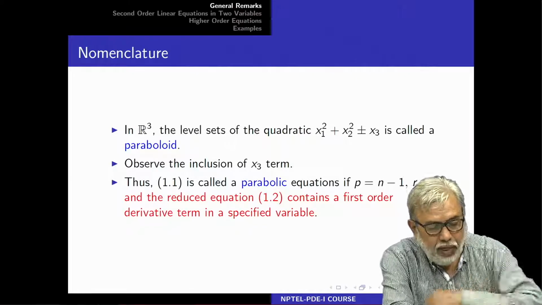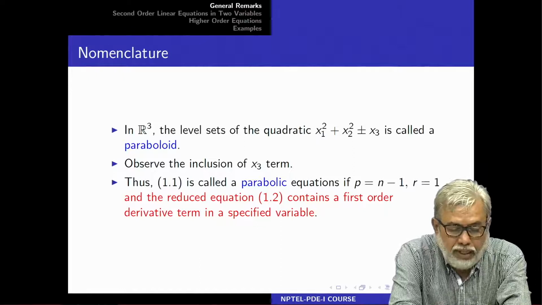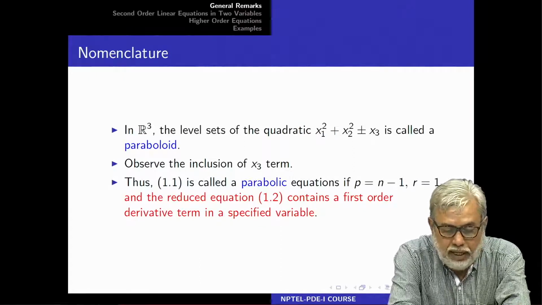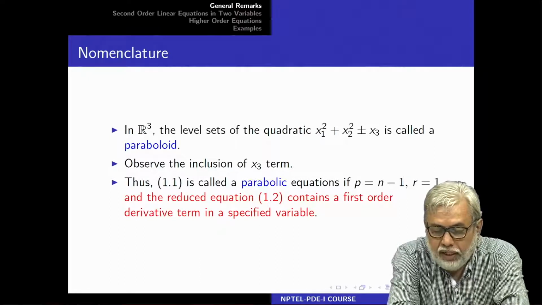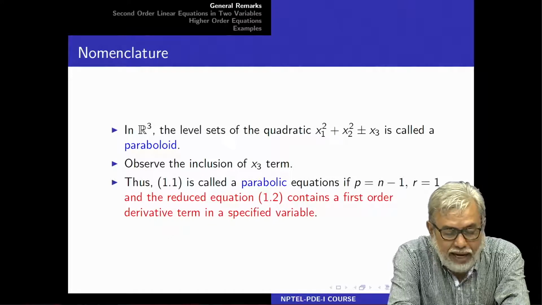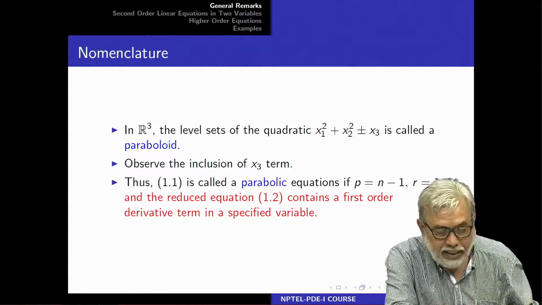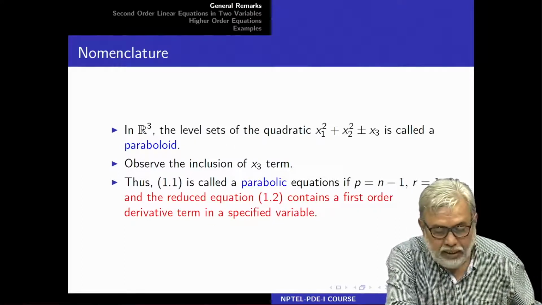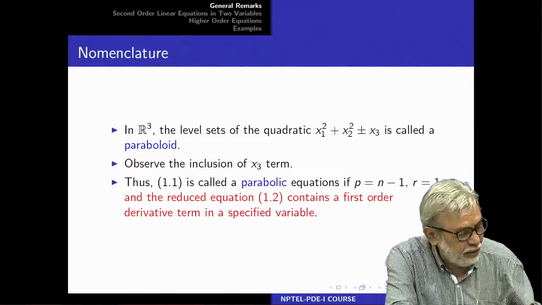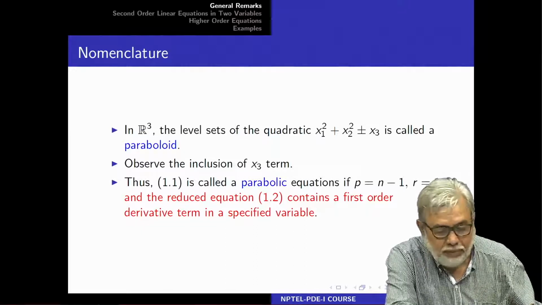PDE. So, we call the equation 1.1 a parabolic equation if p equal to n minus 1 and r equal to 1, and I have highlighted that the reduced equation 1.2 contains a first order derivative term in a specified variable. That is important.